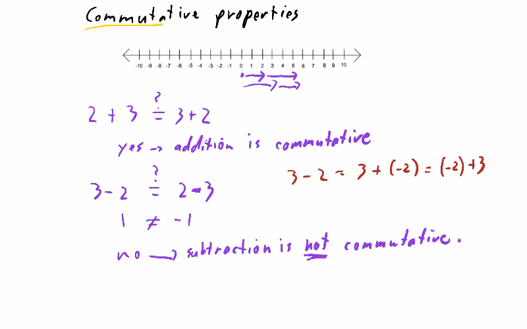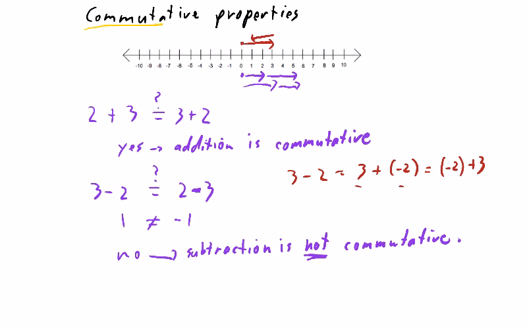On the number line, what this would be telling us is that 3 minus 2 would mean we want to go 3 units to the right, followed by 2 units to the left. I'm sorry, that would be what 3 minus 2 represents. It's exactly what 3 plus the negative of 2 would represent. We would go 3 units to the right, followed by going 2 units to the left.